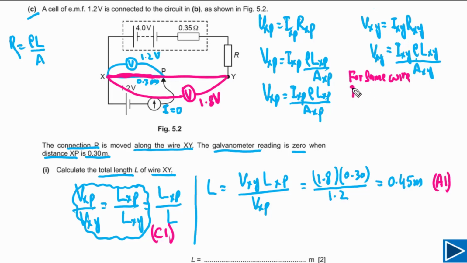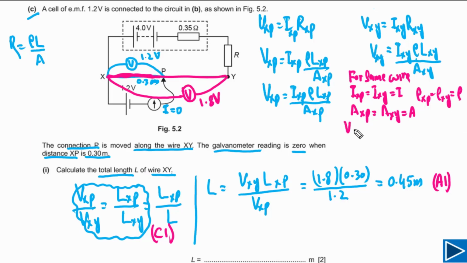The first thing we can say is that Ixp will be equal to Ixy, or simply we can say this is equal to I. Second, Axp will be equal to Axy, because it is the same wire and the cross-sectional area of the wire is uniform. Simply we can say this is equal to A. Rho is also the same because we are talking about the same wire. So rho xp is equal to rho xy, and we can simply say this is equal to rho.